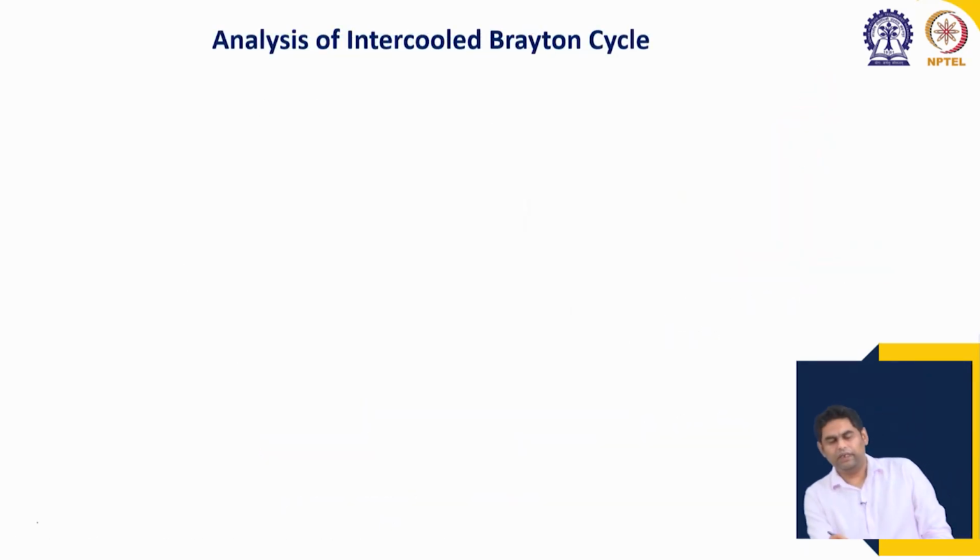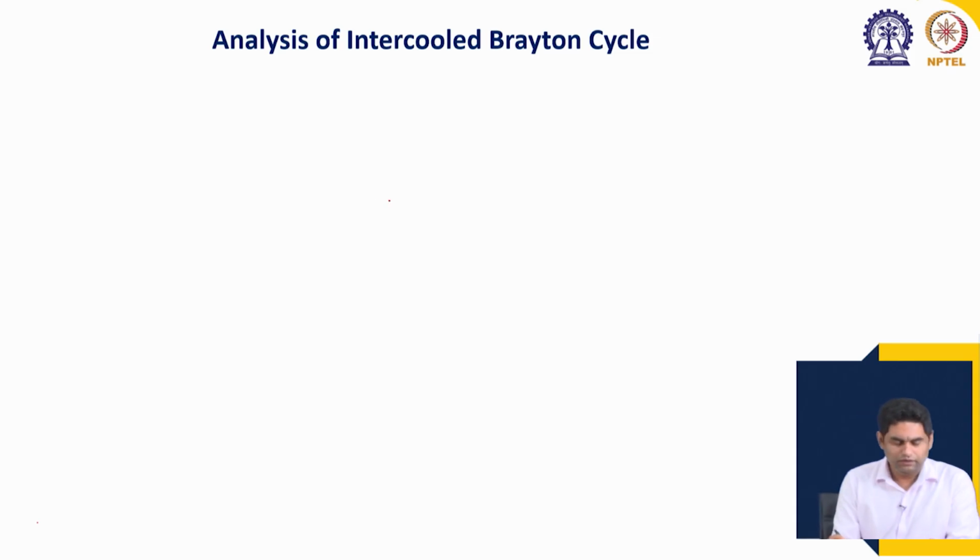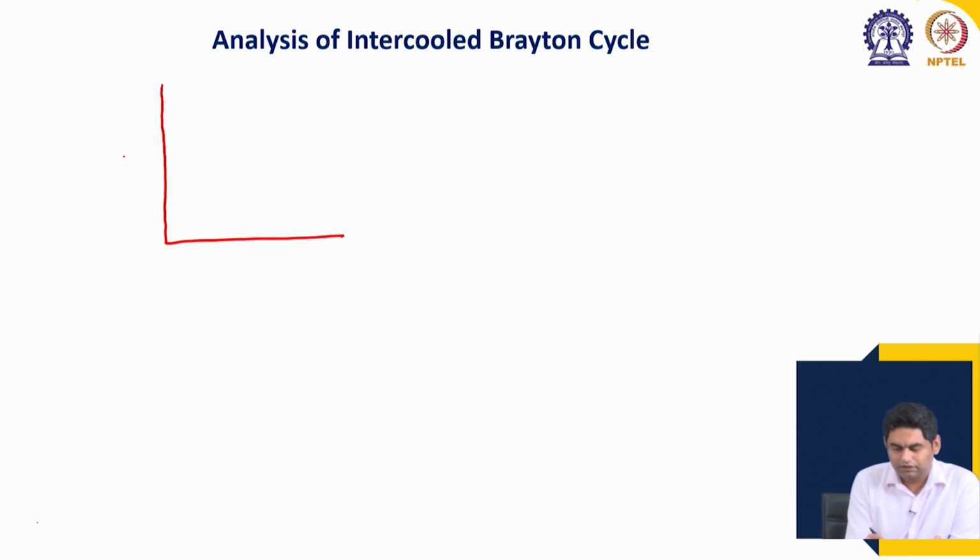Now we will analyze this intercooled Brayton cycle. We will again draw this TS diagram, because that is our starting point for all the cases. For this intercooled cycle, we have the process going from 1 to 2 low pressure compression, then from 2 to 3 is the intercooling process, 3 to 4 is the high pressure compression.